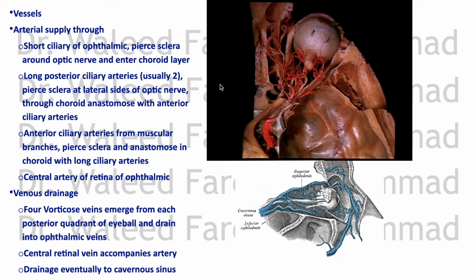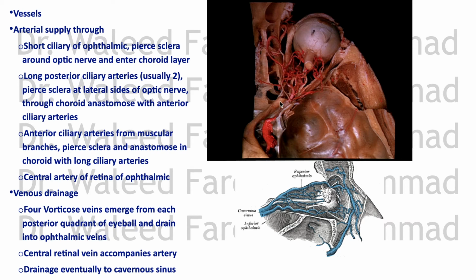The vessel of the eye, of course, is the ophthalmic artery. We discussed this before, that it originates from the internal carotid, and inside the orbit it crosses superior to the optic nerve from lateral to medial to continue its supply to the ethmoid air cells and the dorsum of the nose, right?